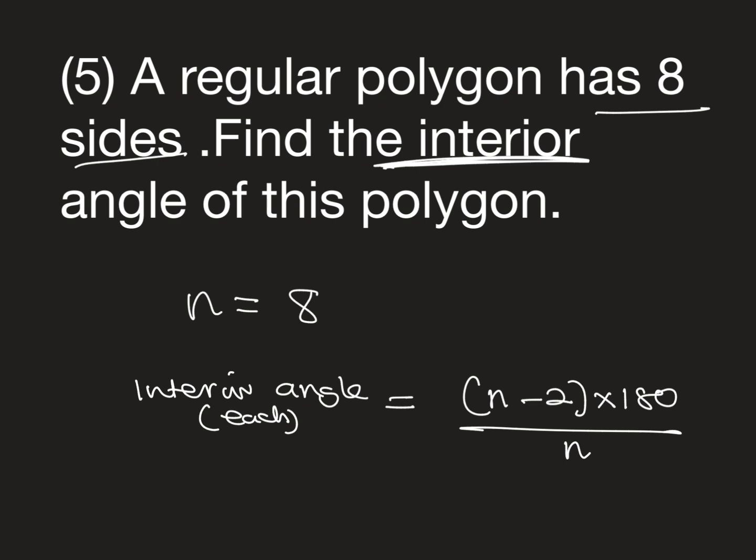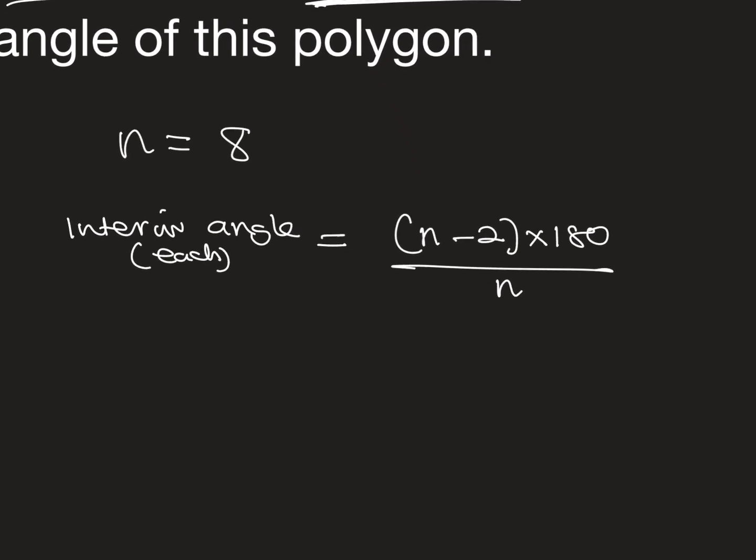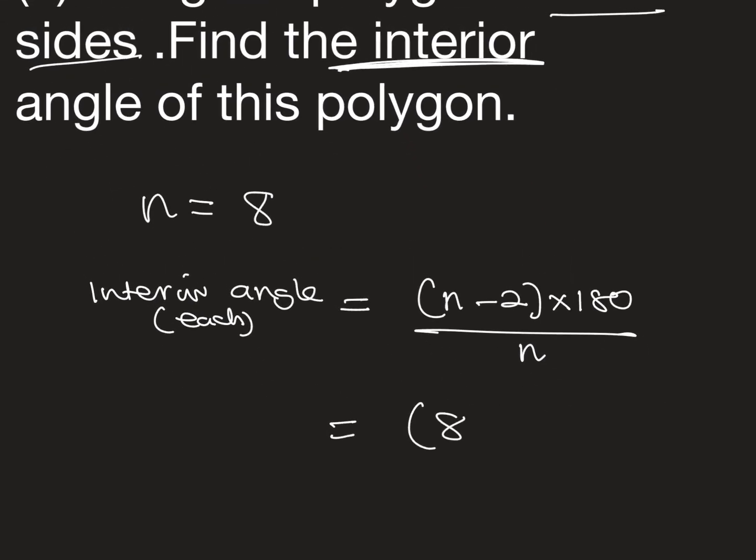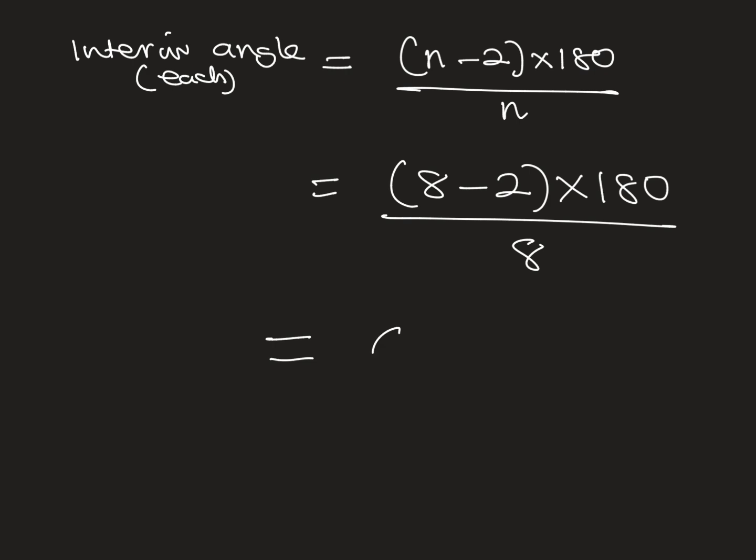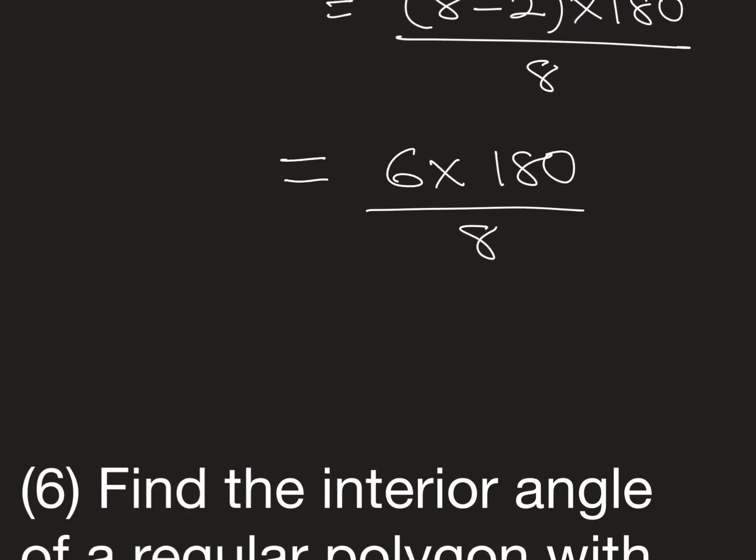If it is the sum, you know the formula already. So each interior angle will be, n is 8, so (8 minus 2) multiplied by 180 divided by 8. So that is going to be 6 multiplied by 180 divided by 8. 6 multiplied by 180 is 1080 divided by 8.